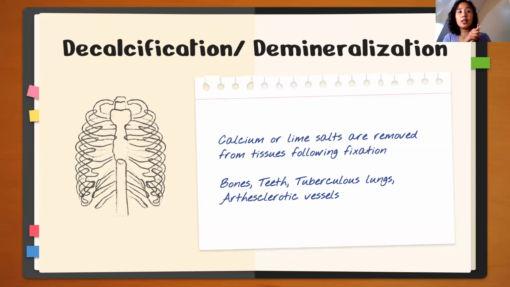Yes, bones are turned into slides. We have teeth. We have tuberculous lungs, lungs that hardened and nagkaroon ng calcium and lime salts, and arteriosclerotic vessels, mga tumigas na blood vessels.